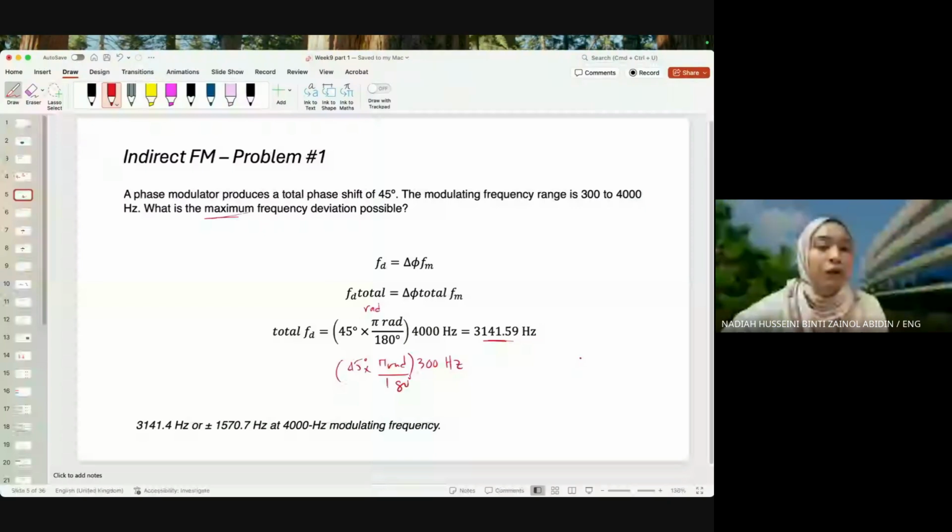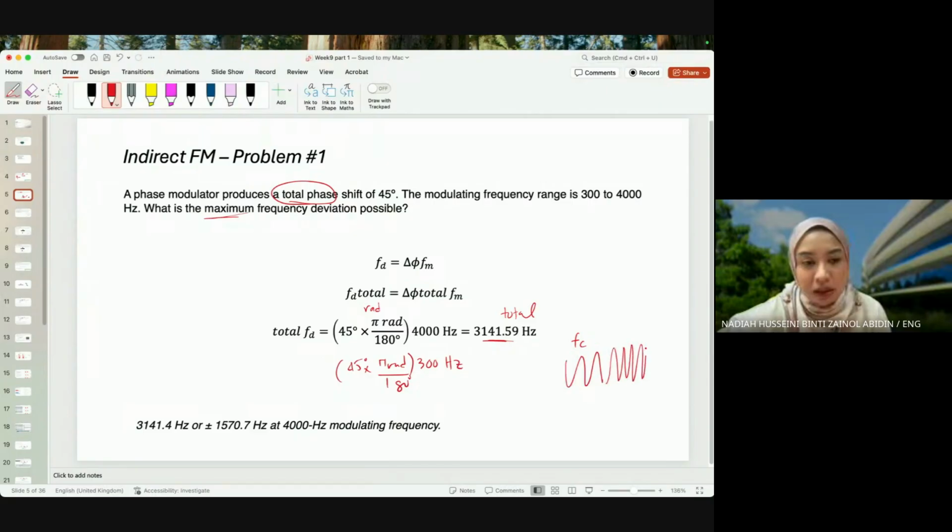Here it's saying produce a total phase shift, which means that this is total. Therefore, the FD is also total frequency deviation, and the answer is total. Remember, when we're talking about deviation, this is our FC, and it can go very fast, and it can stretch very slow.